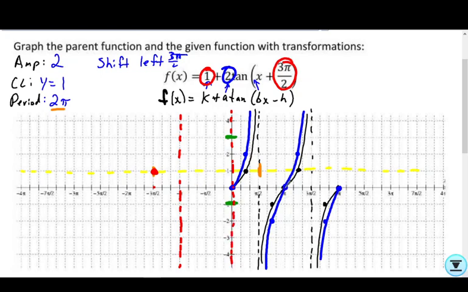And then this 0 is going to be here. And this 0 is going to end up right there. And then this one's going to go up 1 and then over to here. And this one is going to go up 1 over to here. And then here and there.